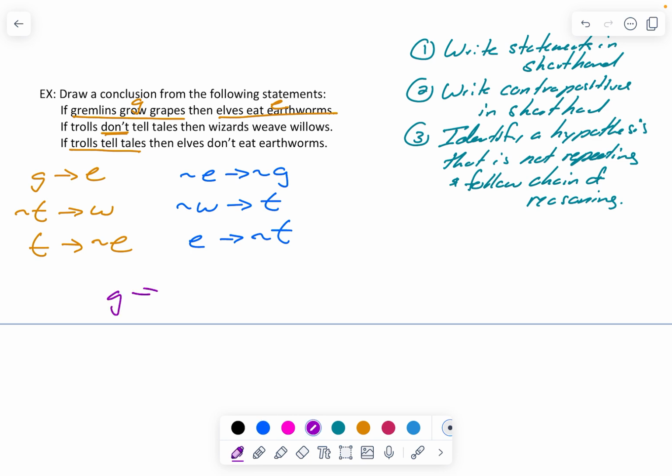If gremlins grow grapes, this is like if you give a mouse a cookie, right? If you give a mouse a cookie, then what happens, right? If gremlins grow grapes, then elves eat earthworms, okay? Now, we look here, it's kind of like this, right? If elves eat earthworms, then trolls don't tell tales, then not T. If trolls don't tell tales, whoop, there we are, then wizards weave willows.